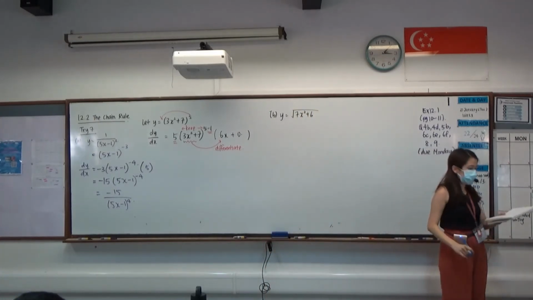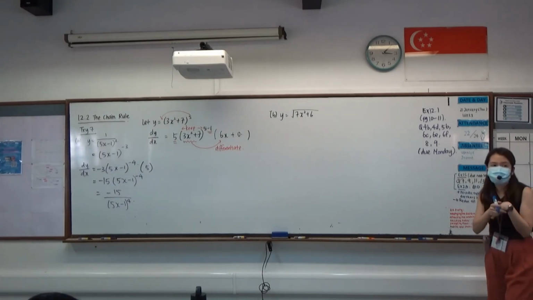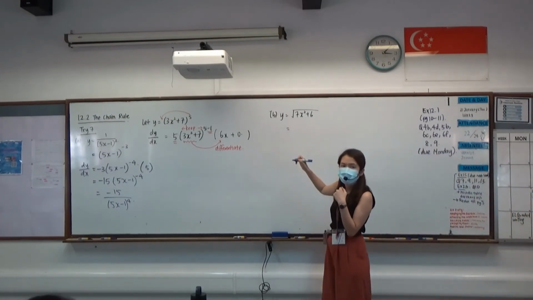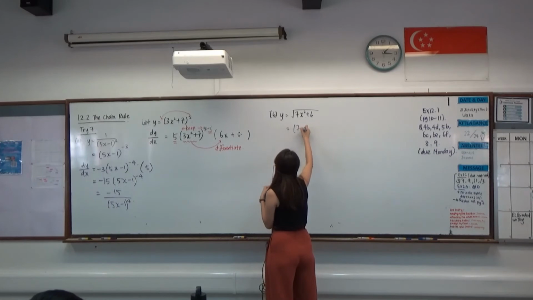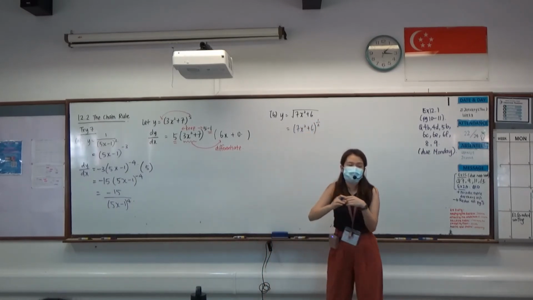We look at part B. If I square root 7x squared plus 6, what would you do first? Kaylee, what would you do first? Change the square root to power of half. Okay, then what would my derivative be?